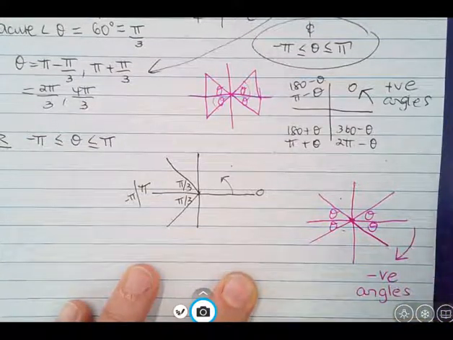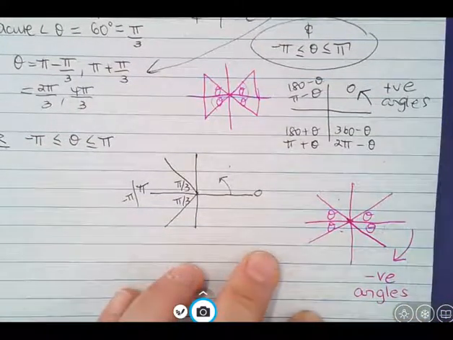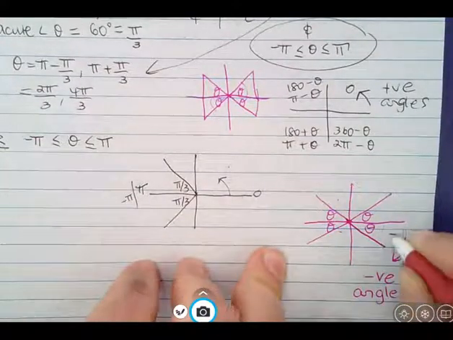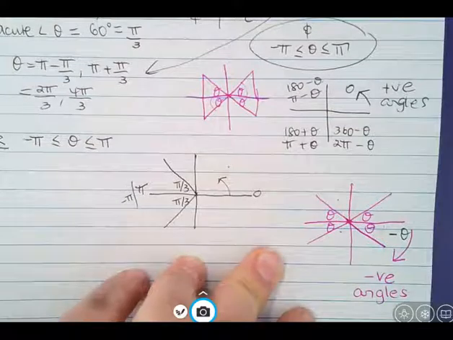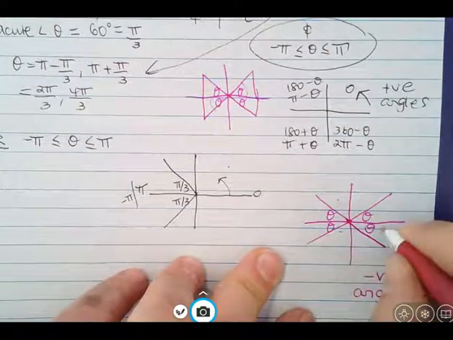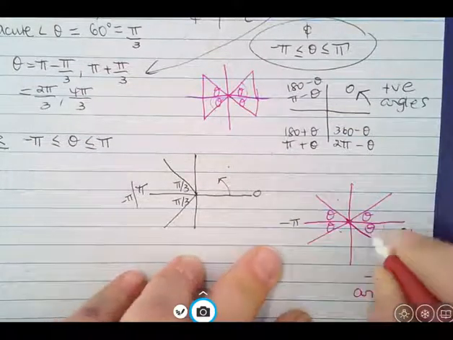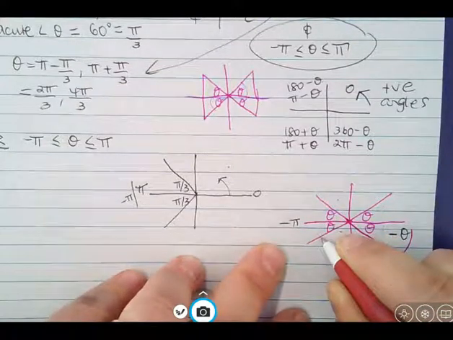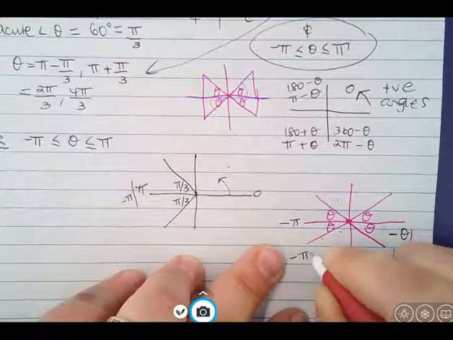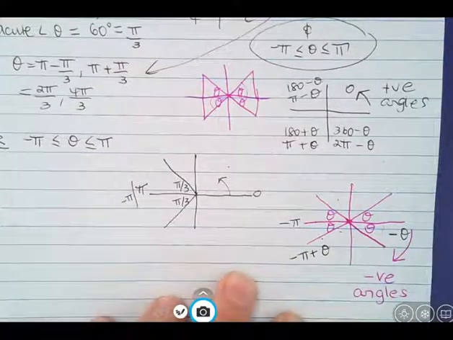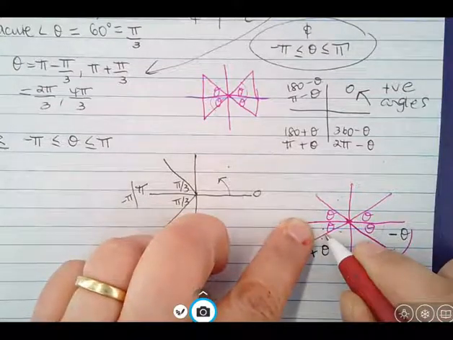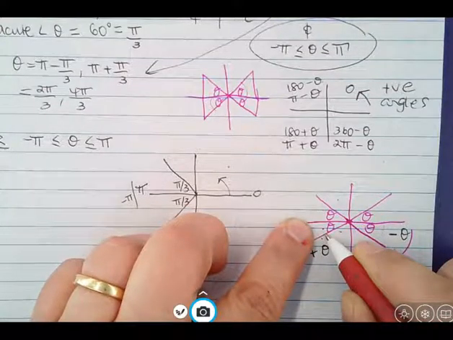It's just negative pi. So in this quadrant, the way you would name this angle here as a negative would be negative pi. What's this? It's negative pi, but I didn't make it there. It's negative pi, come back for positive theta. Negative pi plus theta. Look, if that was 30, wouldn't you say this is minus 150? Yes?